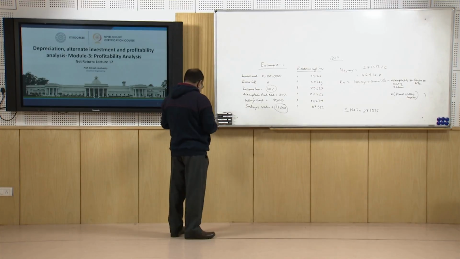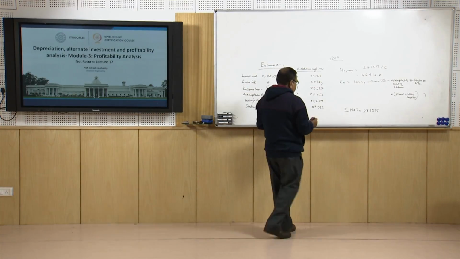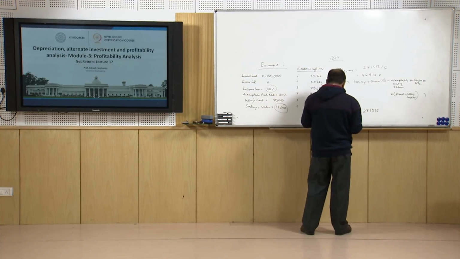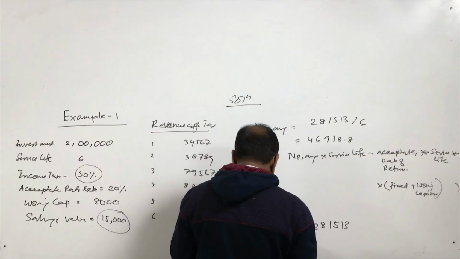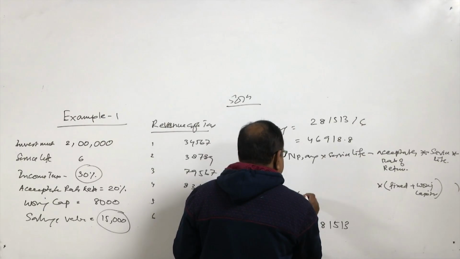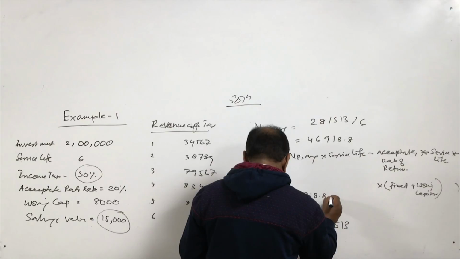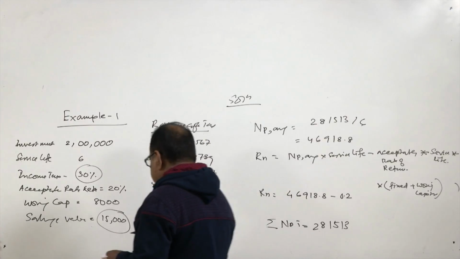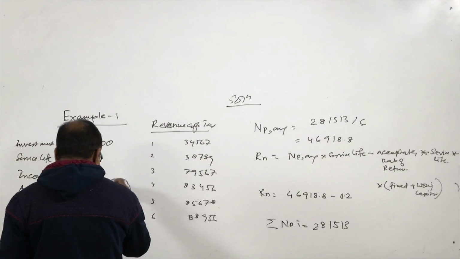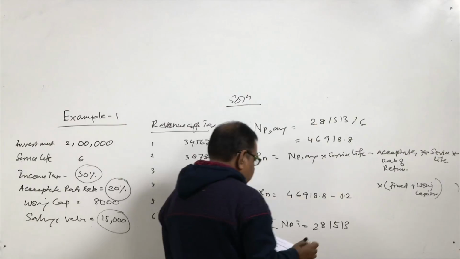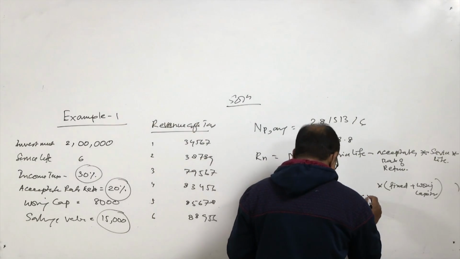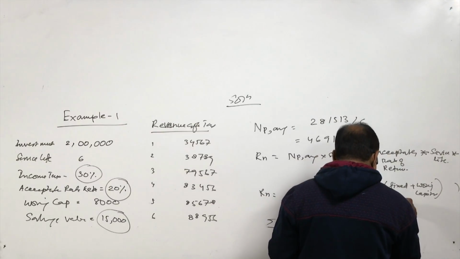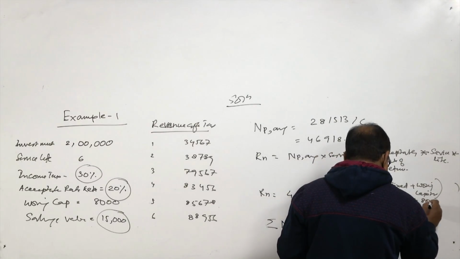Now, Rn is equal to 46918.8 minus 0.2, this acceptable rate of return is 20%, that is 0.2, into n into 2 lakh plus working capital of 8,000.